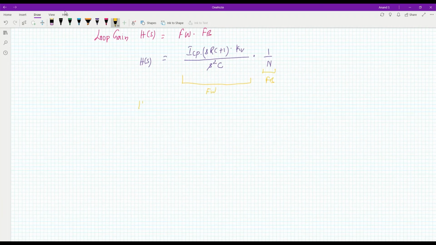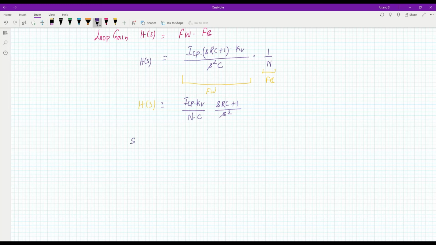Now H of S can be rewritten as ICP into KV divided by N into C. All these constant terms are brought back over here. Then S into RC plus 1 divided by S square. Now we have to analyze its magnitude and angle to see whether it will be a stable system or not.